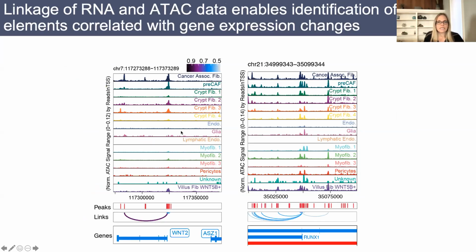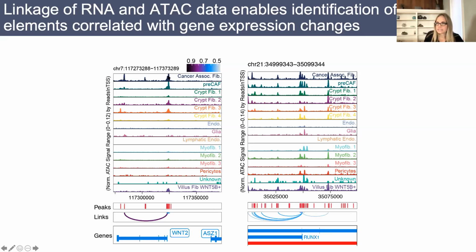Taking it a step further with the ATAC-seq data and mapping this back onto RNA, we're able to start to identify regulatory elements that are correlated with gene expression changes. What's shown here are genomic tracks for accessibility around Wnt2 and around RUNX1.